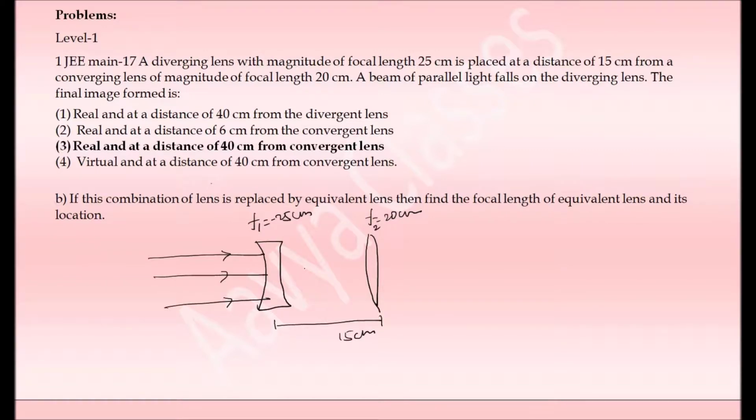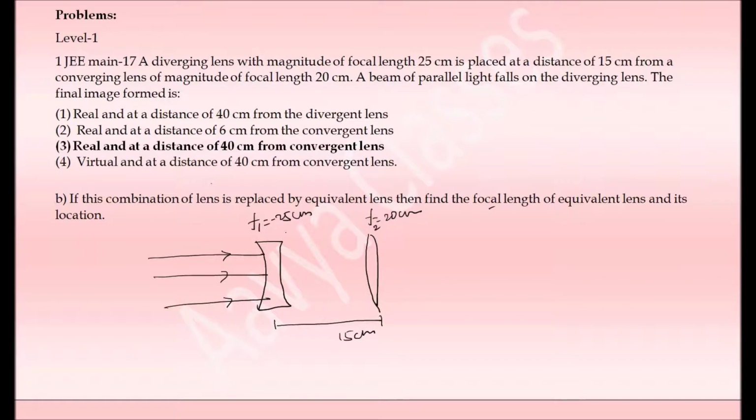First, by our traditional approach, that when the light ray falls on the first lens, the image formed by the first lens will serve as an object for the second lens, and then we find the image formed by the second lens. Or we will also see the alternate solution, where we replace this combination with an equivalent lens by using the formula we just learned.